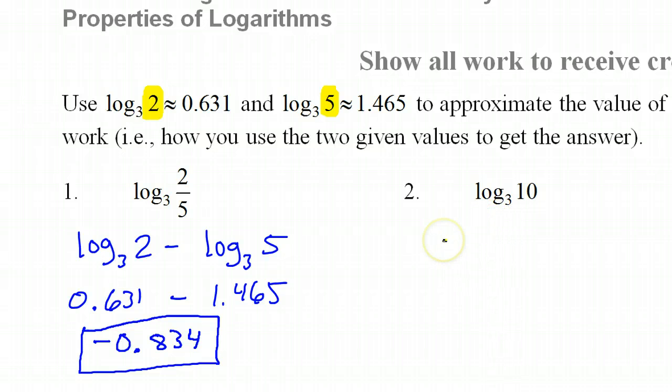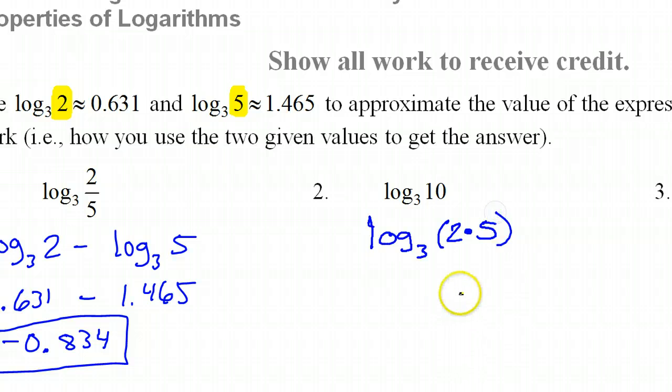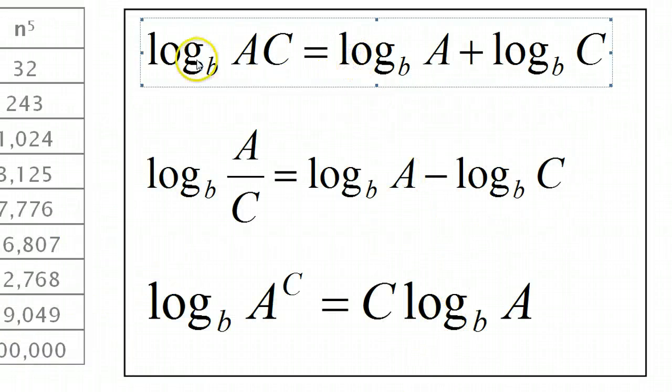Alright, look at number 2. So when we look at number 2, we see this 10. I wonder how we could write that using a 2 and a 5. Oh, I know. 10 is 2 times 5. So let's do that. So this would be the same thing as log base 3 of 2 times 5. Okay, so looking back at the rules, that looks like this rule.